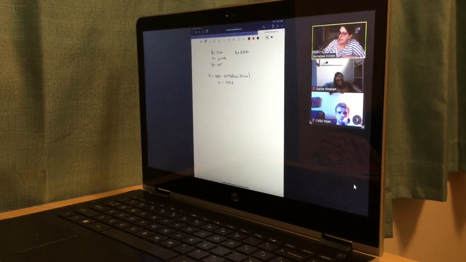Now, if I take this guy and I connect it to a resistor, and we want to know our current in the circuit, it's just going to be Ohm's law. We had 0.01 volts. The current is what we're looking for, 0.01 ohms. And we would have 1 amp flowing through our circuit.